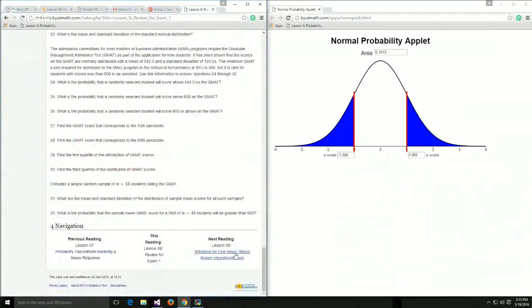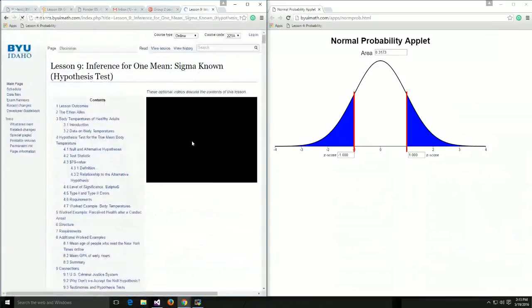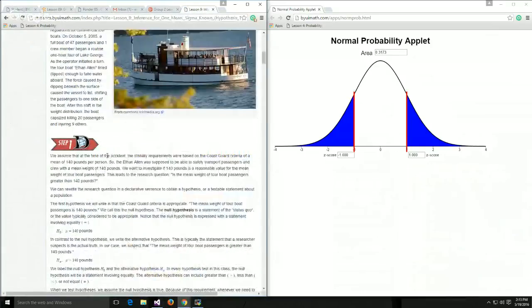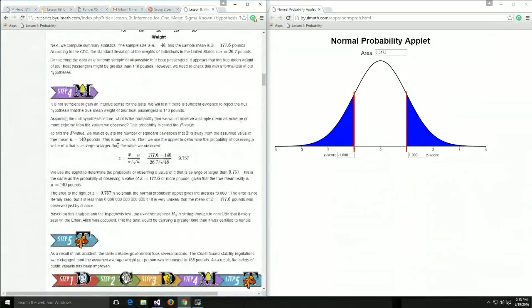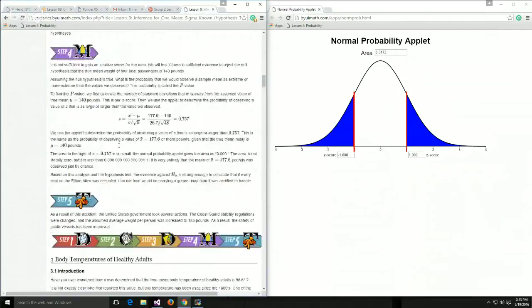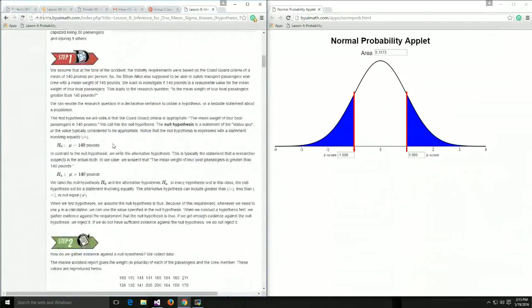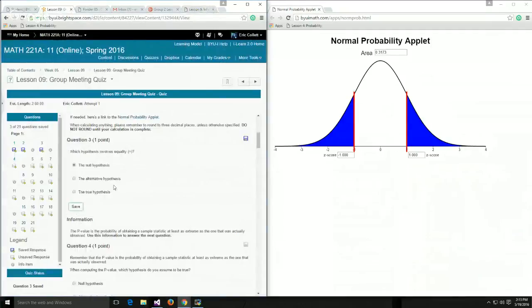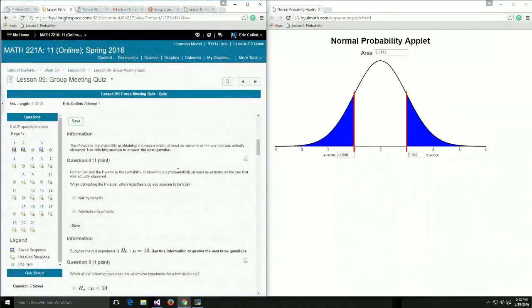It's the null. Pretty sure. Okay, cool. I just wanted to make sure I wasn't thinking of it wrong. Yeah, the book confirms. Null hypothesis, equals. Oh, okay, I get it.